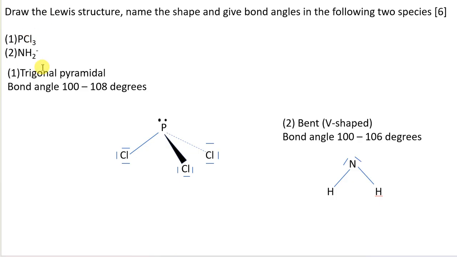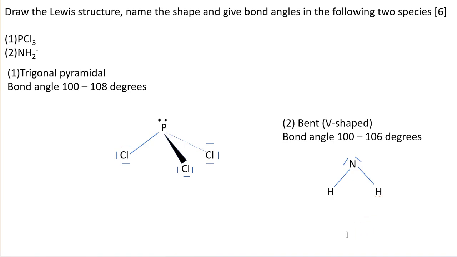My second example, NH2-. N is my central atom. N group 15, 5 electrons in the outside shell. 1 has been gained to give 6. 2 covalent bonds to hydrogen atoms as drawn in the diagram. So if nitrogen normally has 5 valence electrons, but the negative charge means there were 6 electrons available, 2 have been used, 4 are left over as 2 non-bonded pairs.